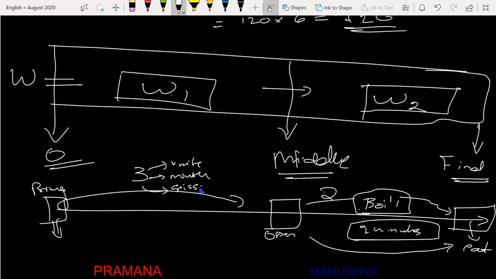So these are the 3 ways you will open it, and in 2 ways you will boil it, right? So electric stove or gas stove, okay. So in total, how many ways can you do this combination, right? Do this work. So here the question is, in how many ways can you do the work? So that is important now.